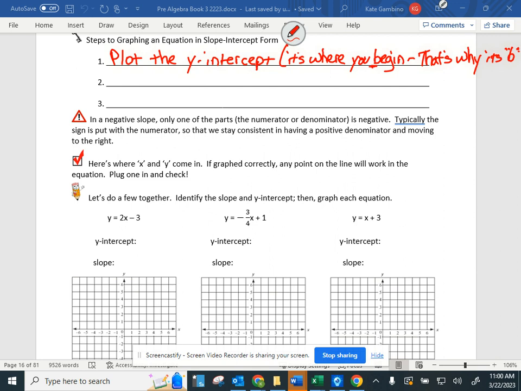Step 2, we're going to use the slope. What does the slope tell us to do? It's how the line moves across the graph. So you're going to use the slope to get a second point.